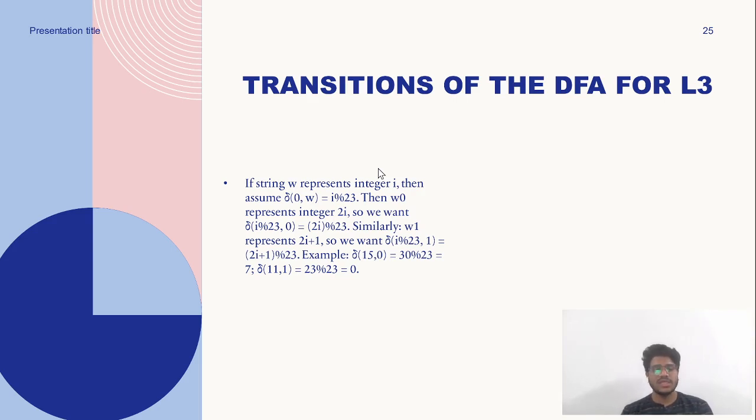Similarly, w1 represents 2i+1, so we want delta(i mod 23, 1) to equal (2i+1) mod 23. For example, delta(15, 0) is 30 mod 23, so 2 times 15 is 30, and 30 mod 23 is 7. And delta(11, 1) is 23 mod 23, which is 0.